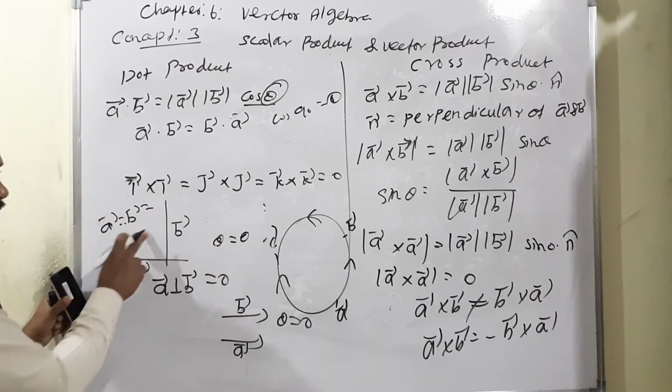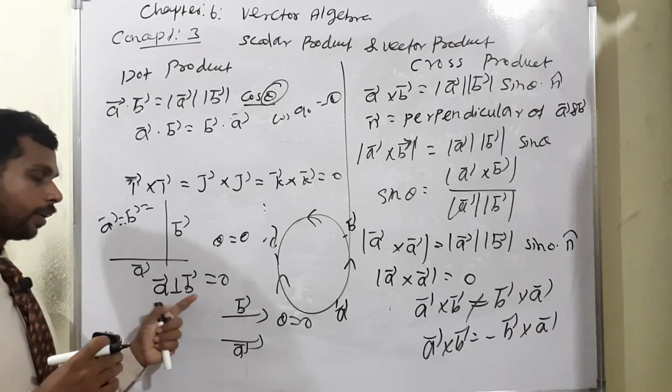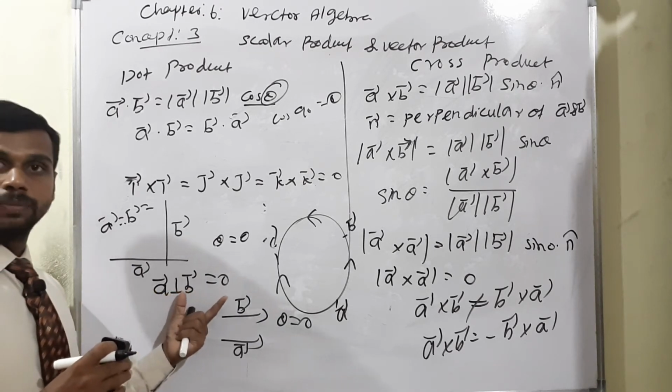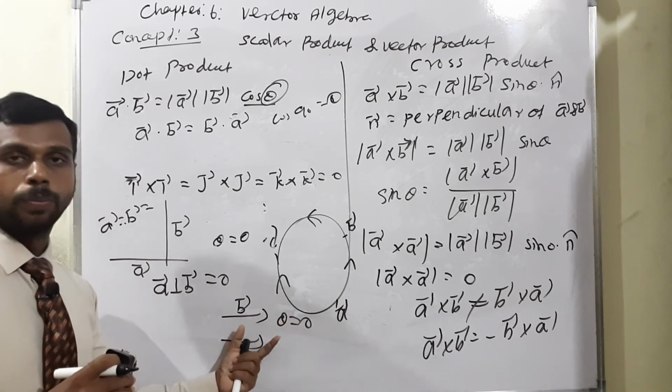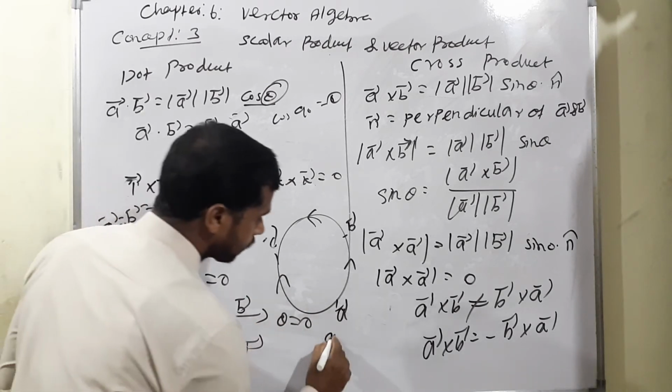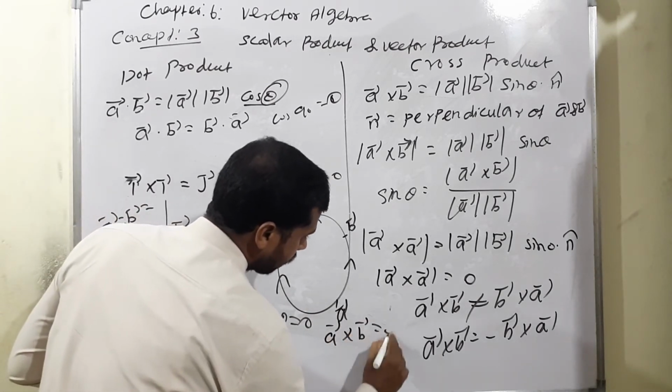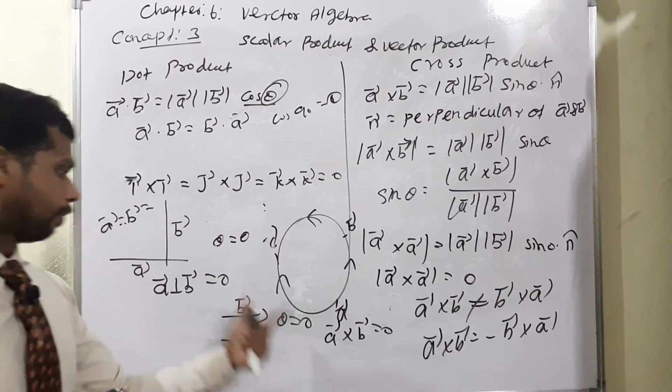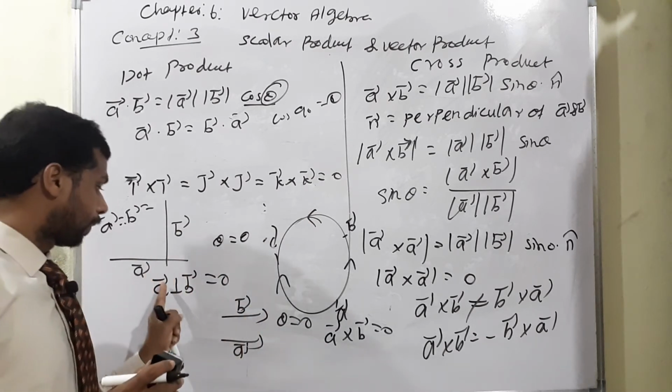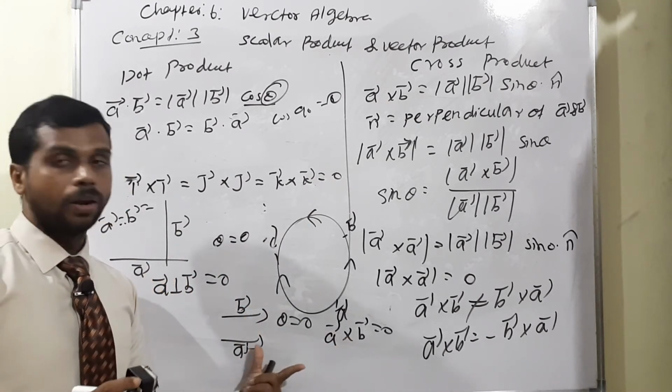That's why if two vectors are perpendicular, the dot product is 0. For two parallel vectors, into sin theta, a vector cross b vector, the value is 0. Those are the two important points, perpendicular and parallel lines.